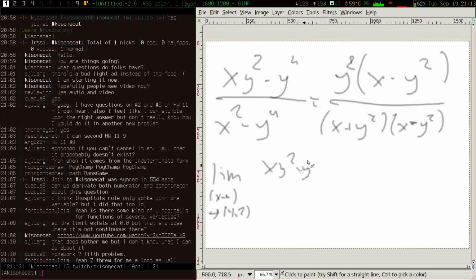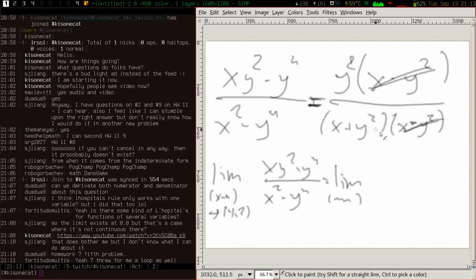x y squared minus y to the fourth over x squared minus y to the fourth, that's the same as the limit of this, but I can factor these. Now, this is pretty terrifying because I've written an equality here and I've crossed these things out.